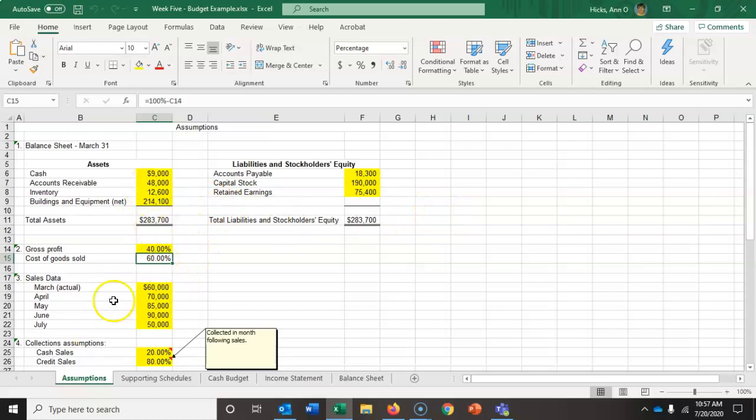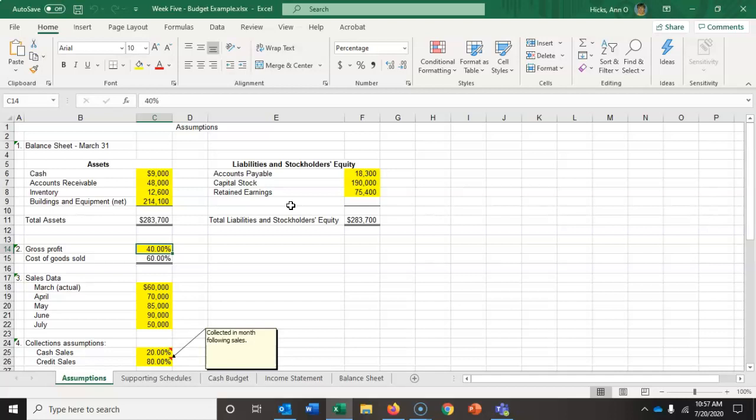Now, just a comment, you'll notice that some of these cells I've highlighted in yellow and some of them I haven't. The ones that are highlighted in yellow are changeable. They're input values, which basically means if you want to change your assumptions, you can change them. So, for example, we may go through this entire budget example and determine that we don't get the results that we're hoping for.